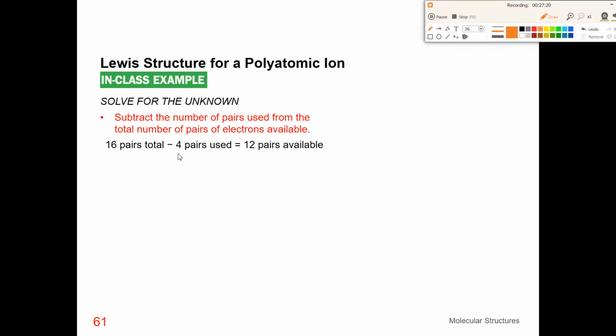Right. So what we have now is here. So we use the 4 pairs. We figured out 16 pairs total. So we have 12 pairs available. We need to use these 12 pairs, put around the terminal oxygens. So these are lone pair electrons.